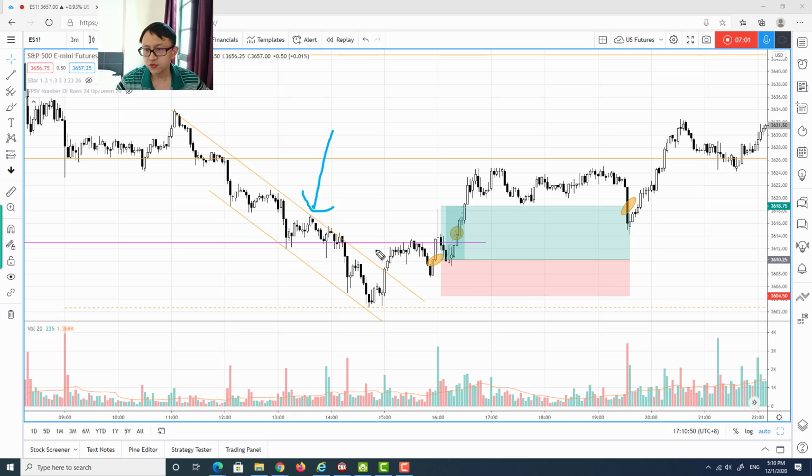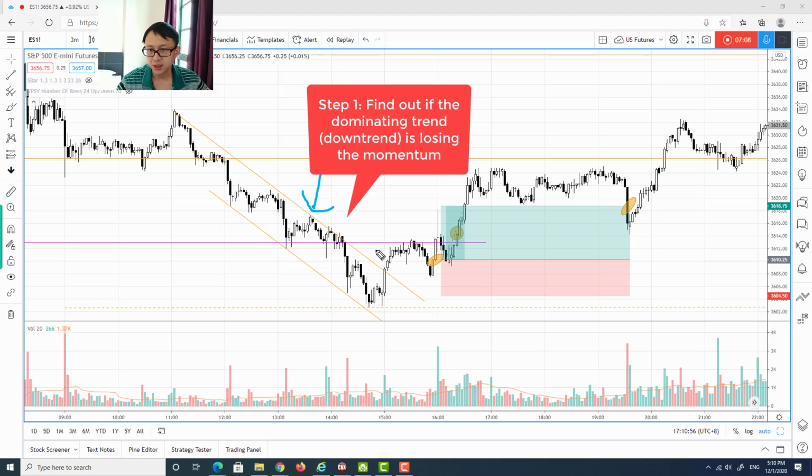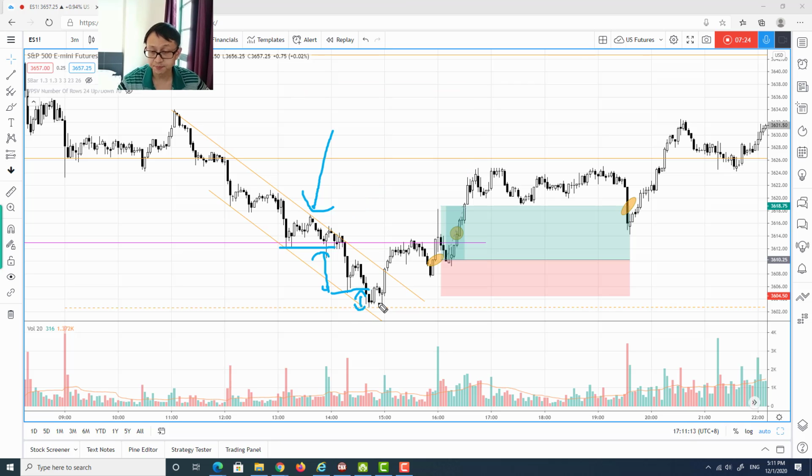If we do not see any kind of slowing down of the previous dominating trend, then we just need to assume that it is still within the downtrend. Once we identify that the downward thrust is getting shorter, we can conclude that the down momentum is fading.